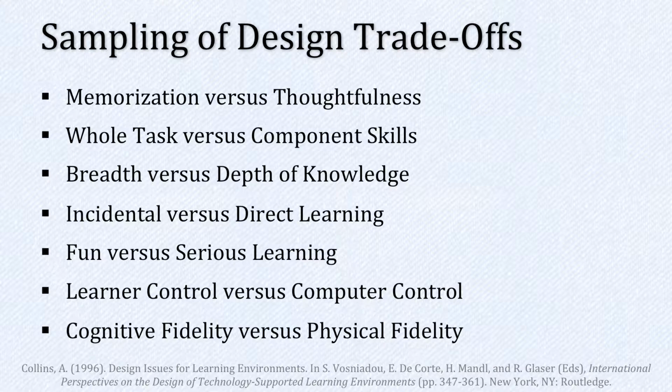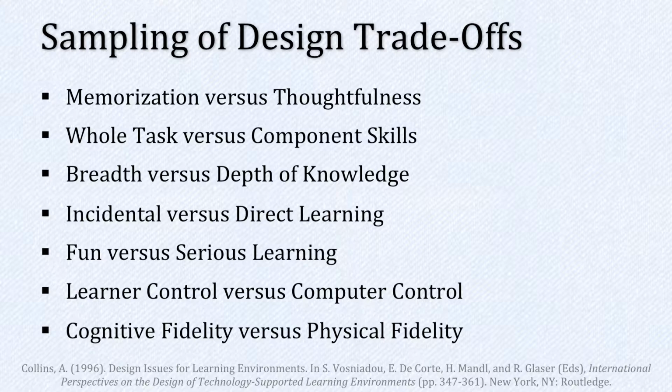There's a trade-off between whole task skills versus component skills. There's a trade-off between breadth versus depth of knowledge, incidental versus direct learning, fun versus serious learning, learner control versus computer control. And then, interestingly, there's a trade-off between cognitive fidelity and physical fidelity.